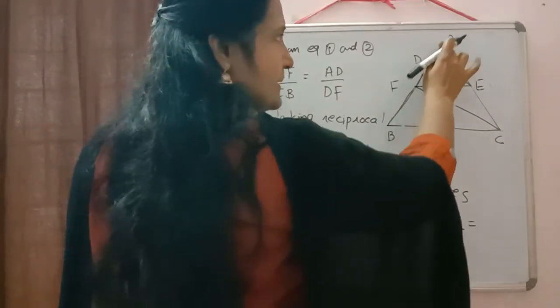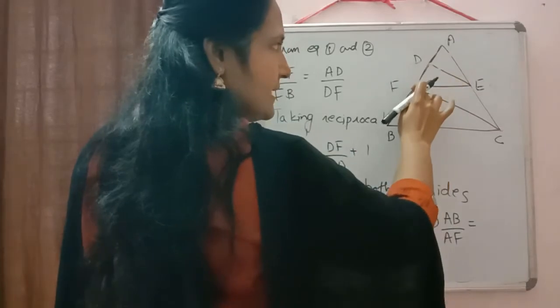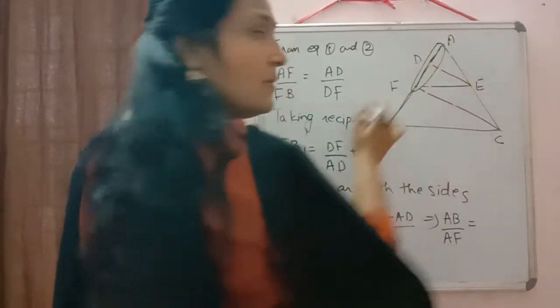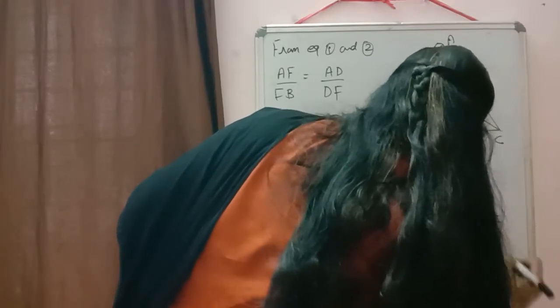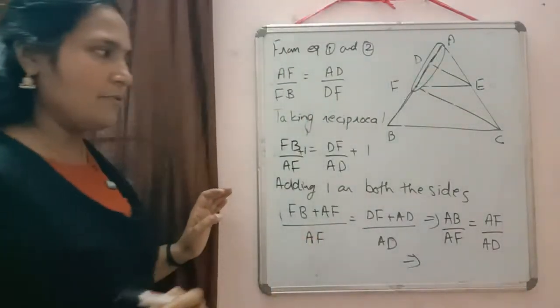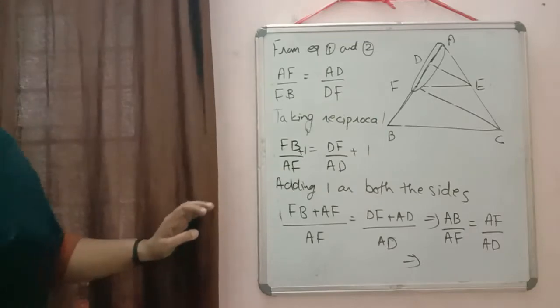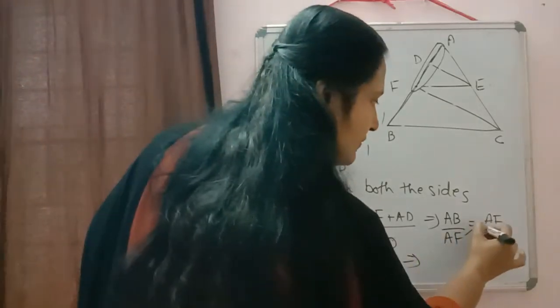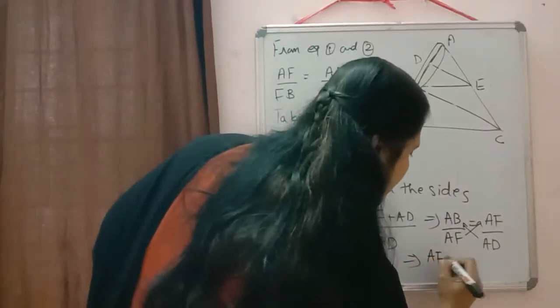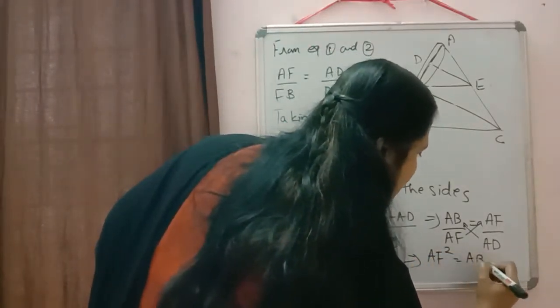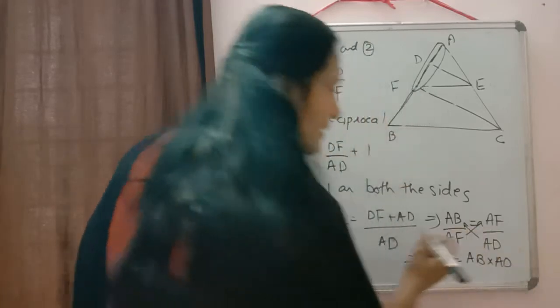So AD plus DF will be equal to AF, AF by AD. Now arrange how we need the proof. In the proof we need AF square. So what will we do? We will do the cross multiplication. Then it will be equal to AF square is equal to AB into AD.